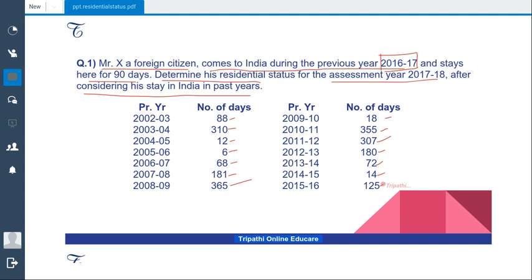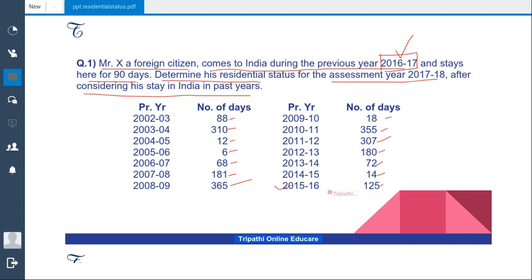But along with the first part, he has to fulfill the second part also. Now, second part says residing 365 days or more in India during four preceding previous years. Now, our preceding previous years start from 2015-16 because our previous year is 2016-17. So, preceding previous years will start from 2015-16.